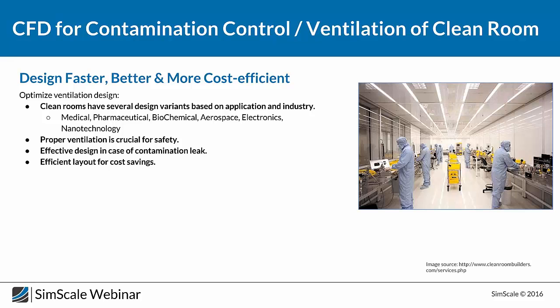So the idea is that for development of, for manufacturing of any of these products, the level of contamination in that room, in the air that is flowing in that room, must be controlled. There are different standards, but essentially each standard is defined by a certain number of particles which have a certain range for their size in, let's say, 1 cubic meter of air, or in a certain volume of air.